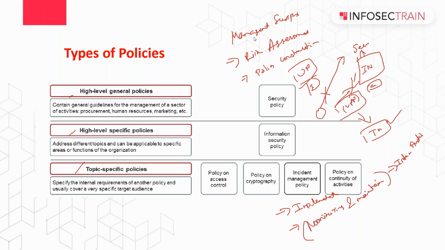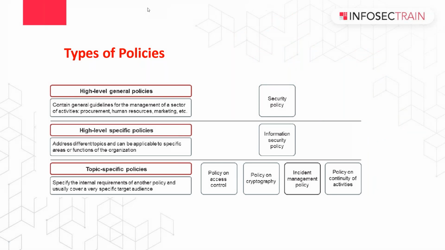Now the question arises over here: if we are writing or creating any security policy, what all needs to be given in it? When we talk about a security policy, first we create a model.